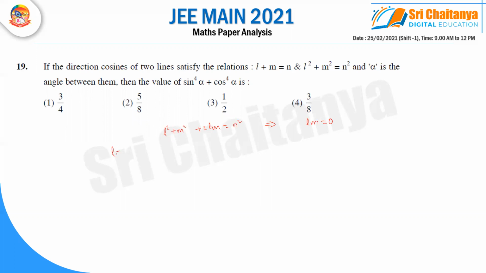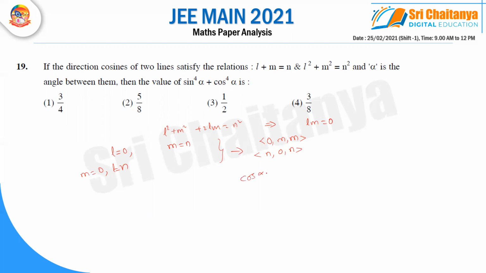If I put L equal to 0, I will get M equal to N. If I put M equal to 0, I will get L equal to N. That means I have two lines having the DRs 0, M, M, or else N, 0, N. These are my DRs.